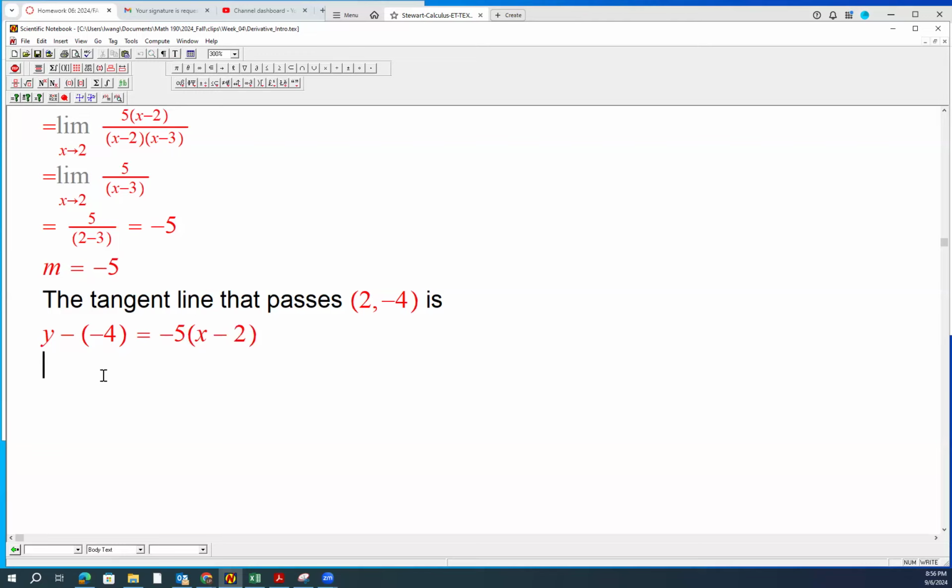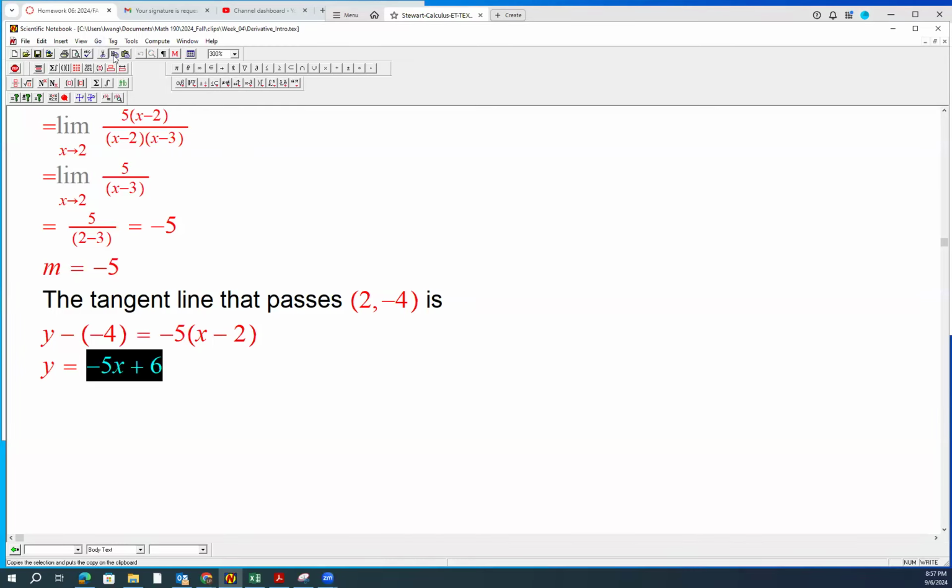And simplify, so we got y equals -5x plus 10 minus 4. Plus 10 minus 4, that's plus 6.